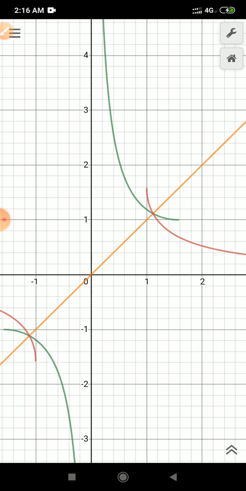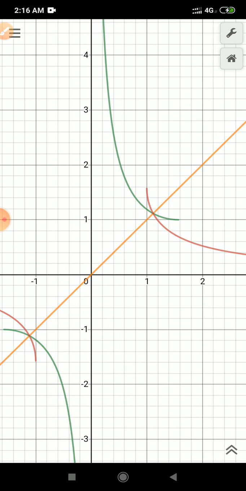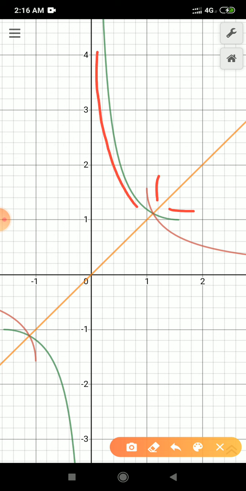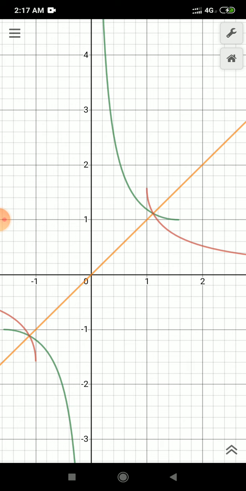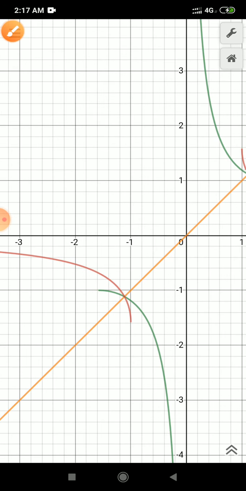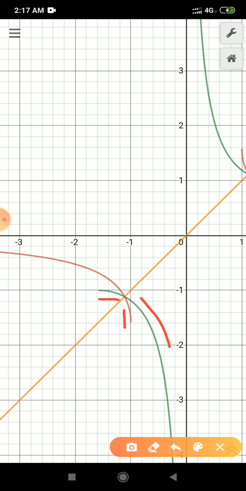It is clearly the reflection of the green one, because this green part is going here and this green part is coming here. That's how the reflection is doing its job. Also at the bottom, again we can see this green part is coming here and this green part is going here. So clearly it is the reflection about the line y equals to x. That is the cosec inverse function.